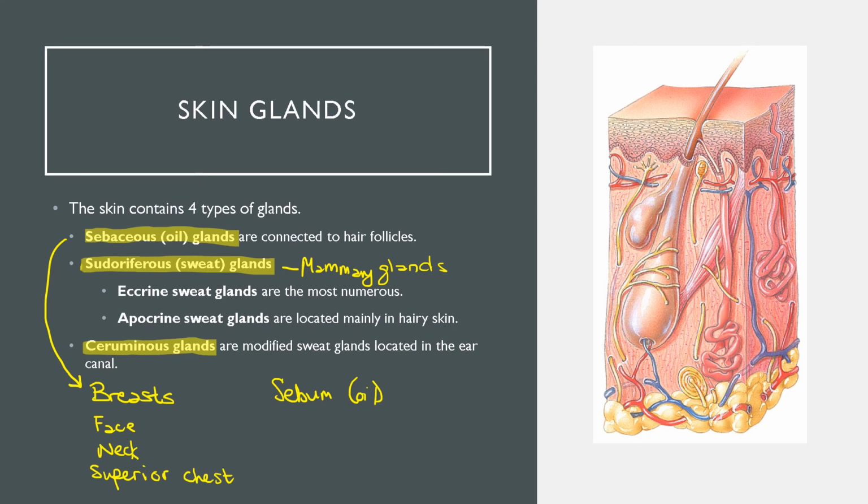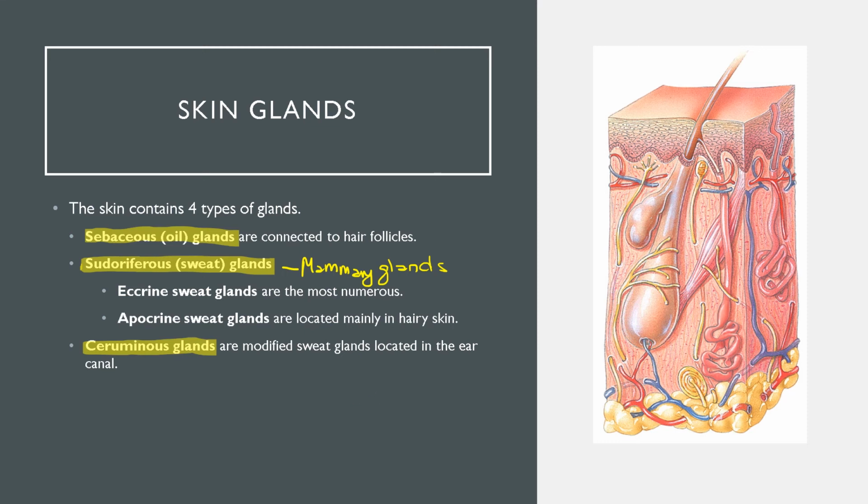Next, we're going to go over the sudoriferous glands. Now, sudoriferous glands are sweat glands, and there are a lot, about 3 to 4 million in the body. And they release sweat or perspiration into hair follicles or skin through pores, so onto the skin surface.